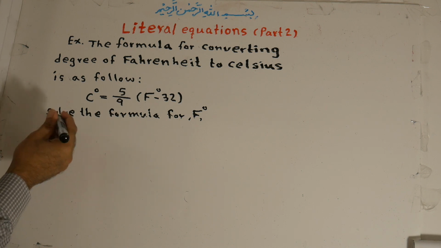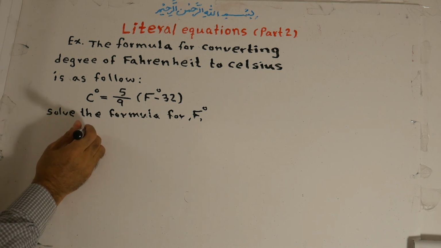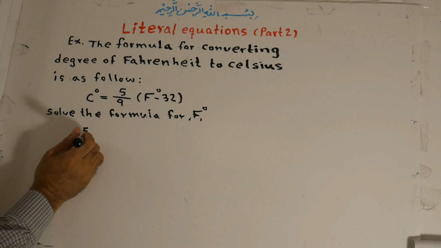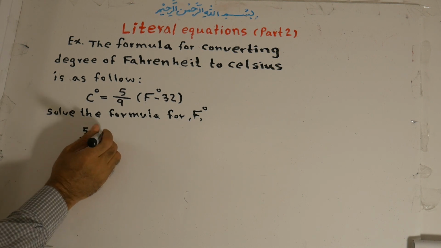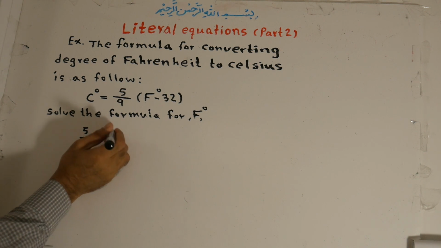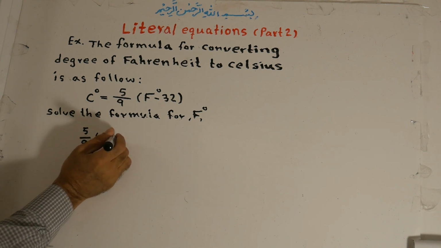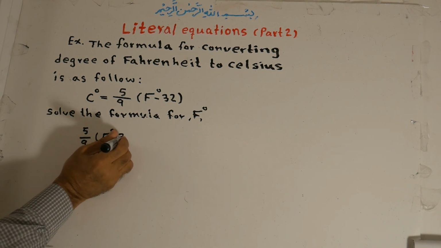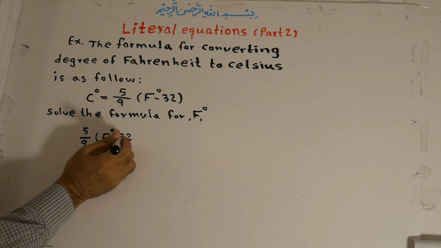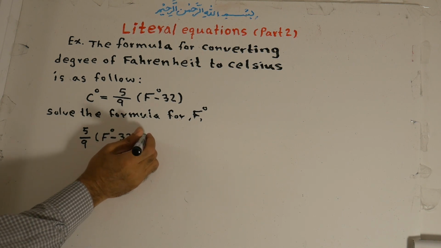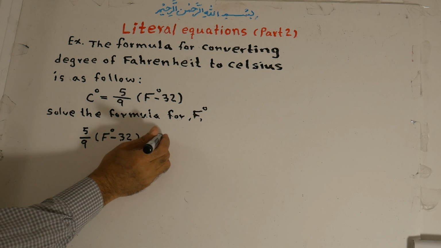So now what do we write? 5/9 times the degree of Fahrenheit, or F, minus 32 is equal to C, or degree of centigrade.